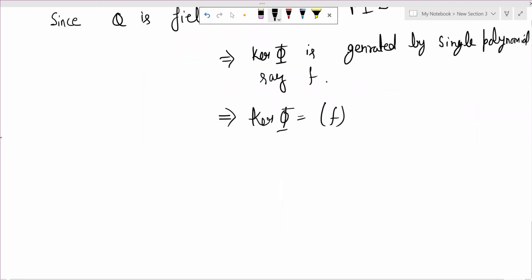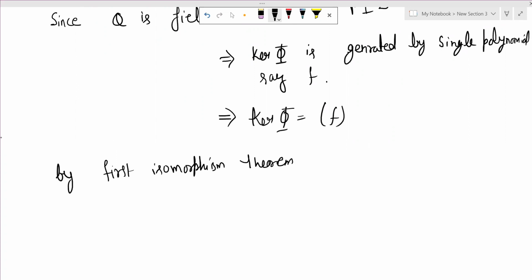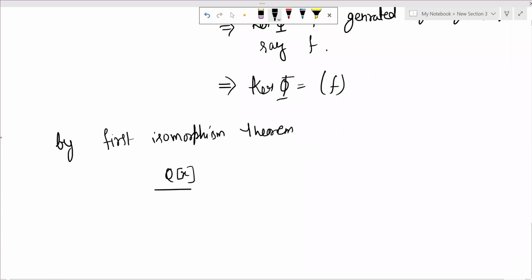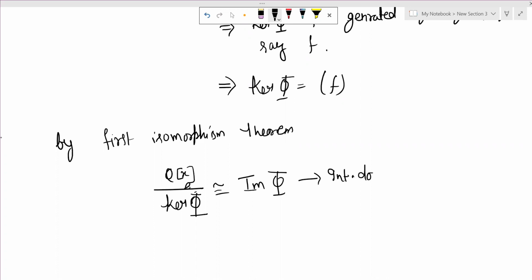So now by the first isomorphism theorem, Q[x] mod the kernel of phi is isomorphic to the image of phi, but we know this is an integral domain, and this is the ideal generated by this element f.